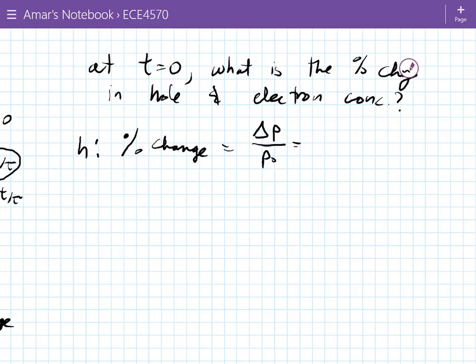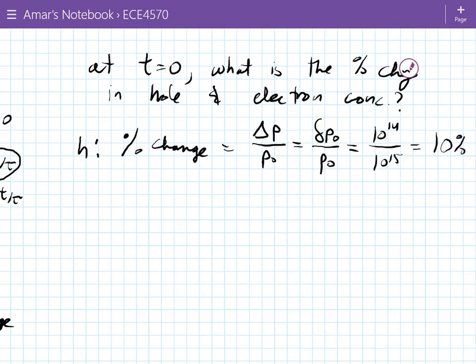So the change in hole concentration is just the delta P, and this is the original amount. So it would be 10 to the 14th. So this is delta P at time equals 0, 10 to the 14th divided by 10 to the 15th. So this is about 10%, 0.1.